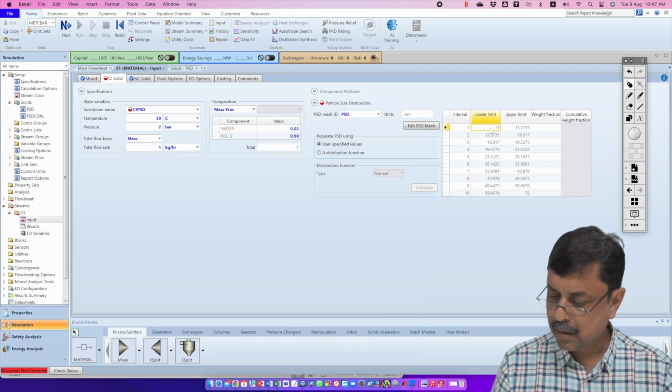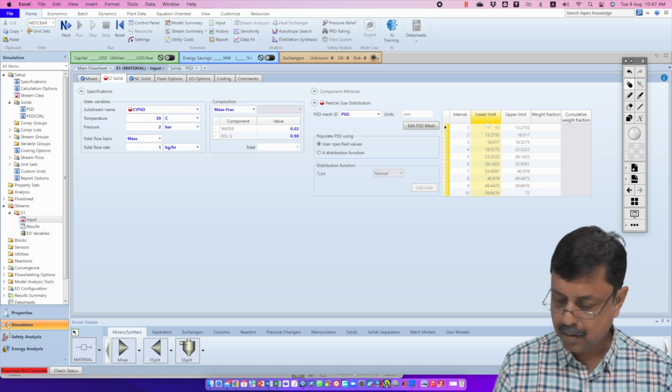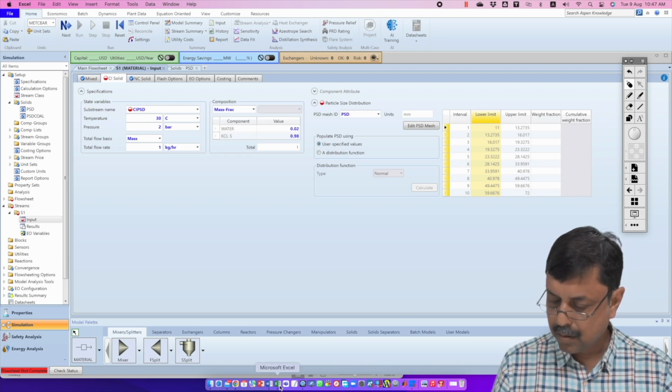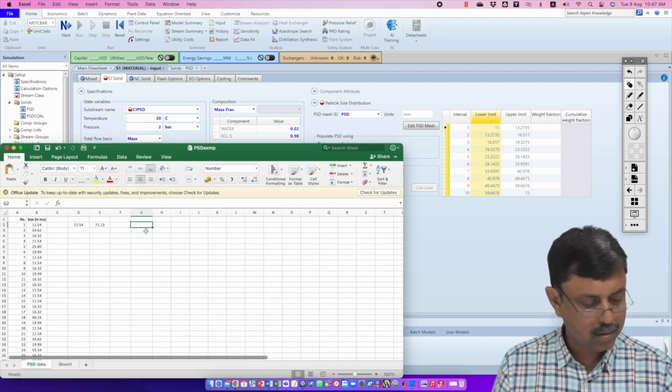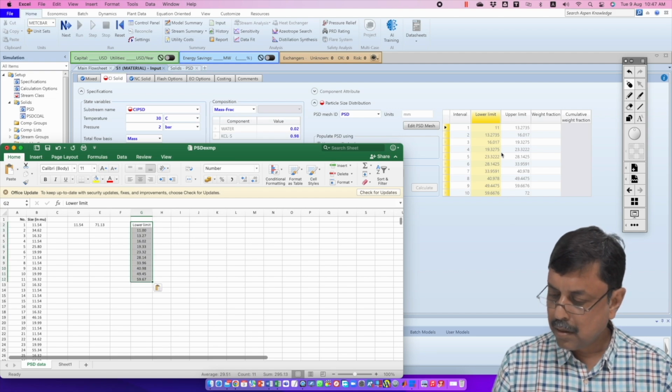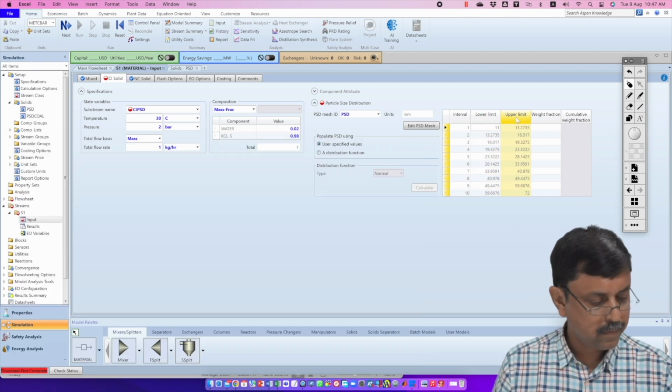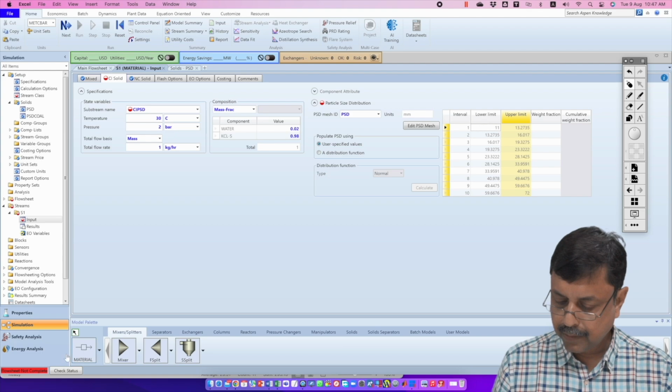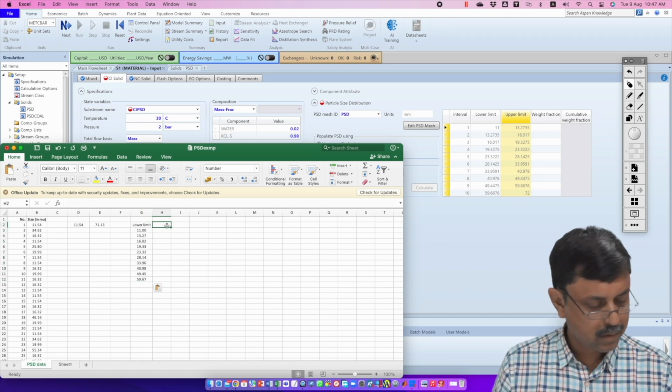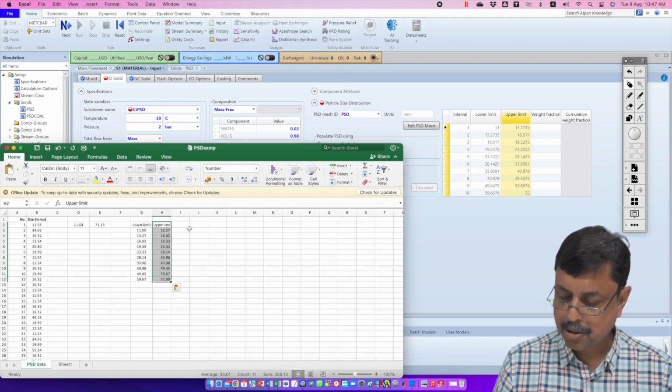Okay. This is the lower limit. This is the upper limit.